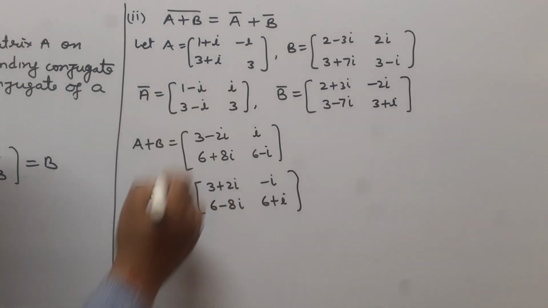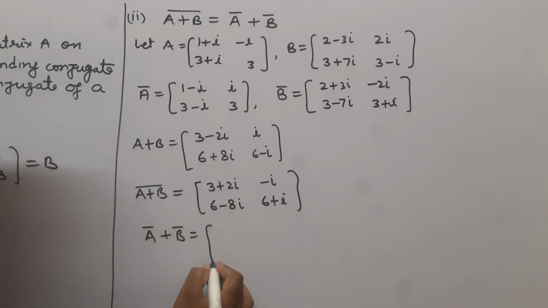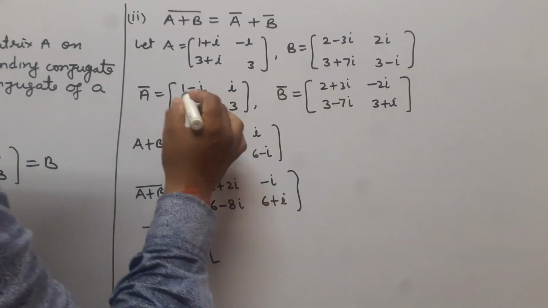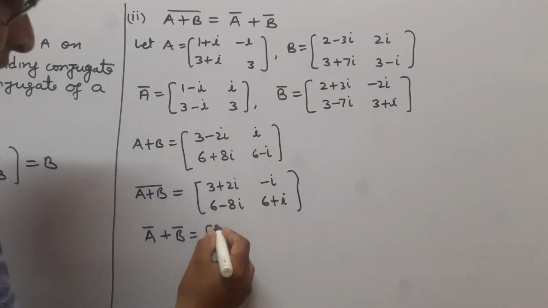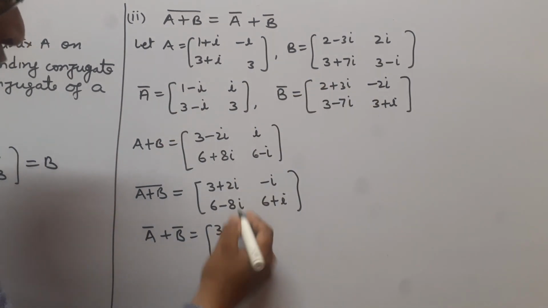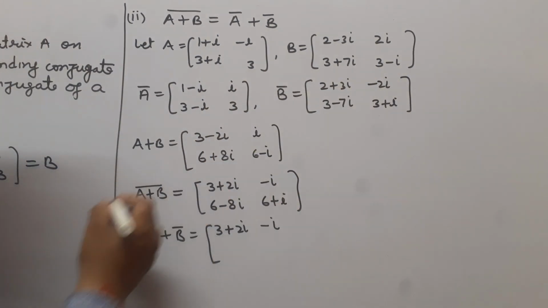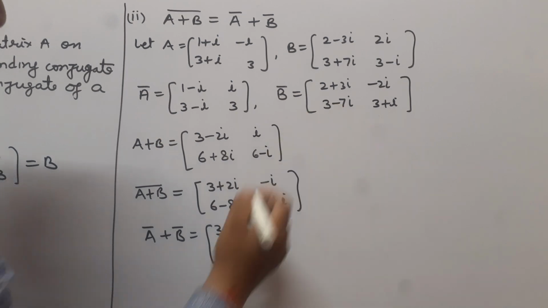Now we add the conjugate of A plus the conjugate of B. When we add 1 plus 2, we get 3. Minus i plus 3i is 2i. i and minus 2i gives minus i. 3 plus 3 is 6.